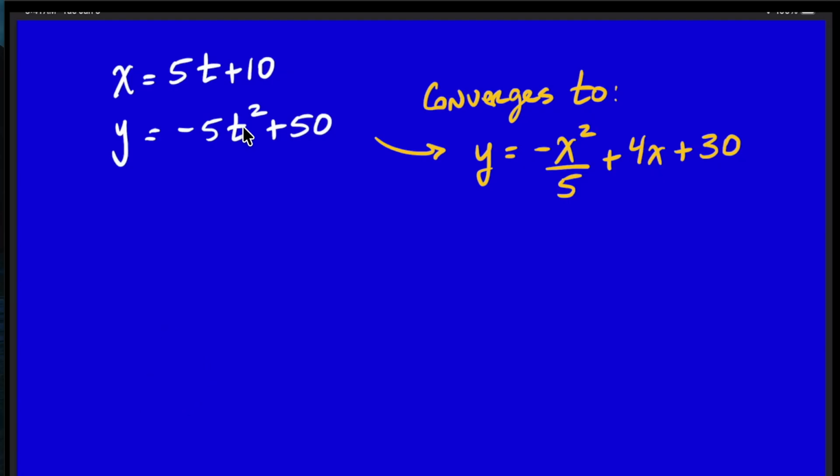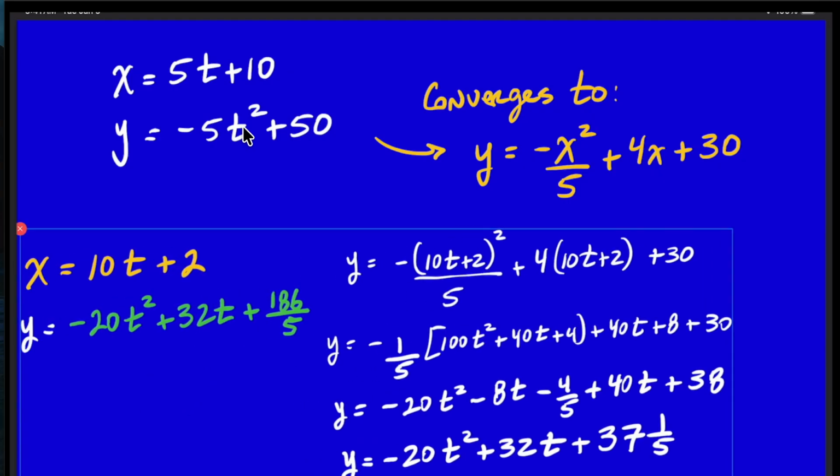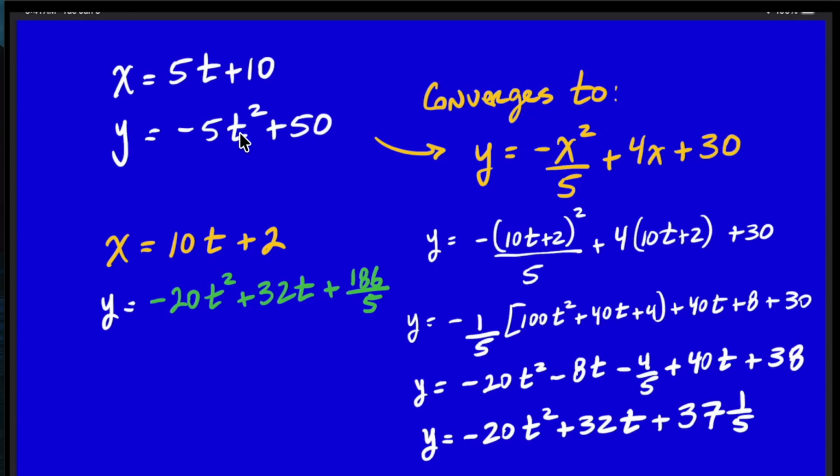If we make up a function for x, I went ahead and did that, x equals 10t plus 2, and then we take this x and we plug it into this rectangular equation, we'll get an equation for y. And it turns out that this system of equations right here, x equals 10t plus 2, y equals negative 20t squared plus 32t plus 186 over 5, will also converge to this same rectangular equation.